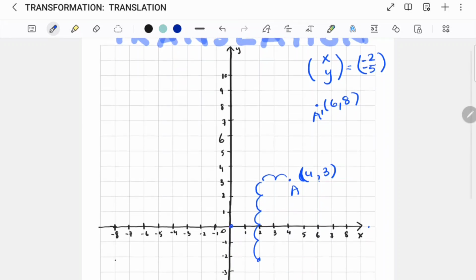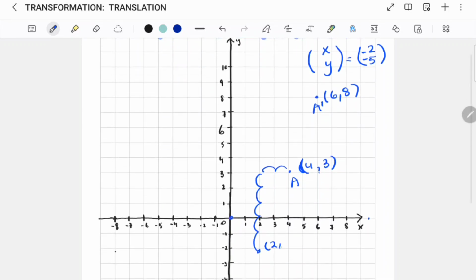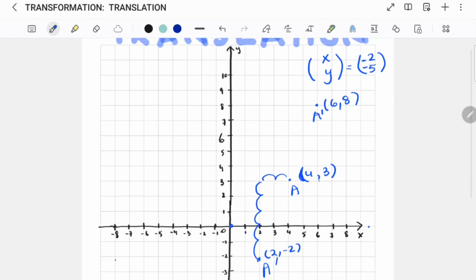So we are at 2 and minus 2, which is the image. And if we do 4 minus 2, and then minus 5 there, you can see it's also 2 and minus 2 that will be the image of this point. So it's very easy. We can start the past paper questions as well.